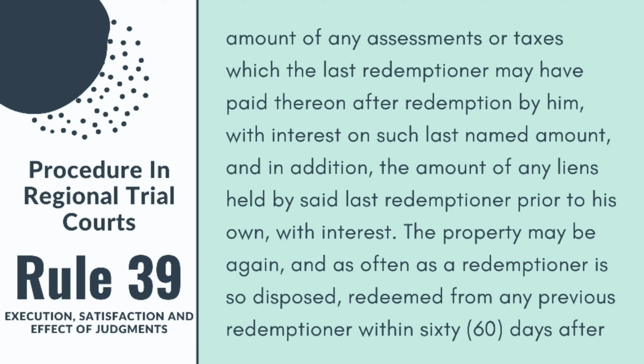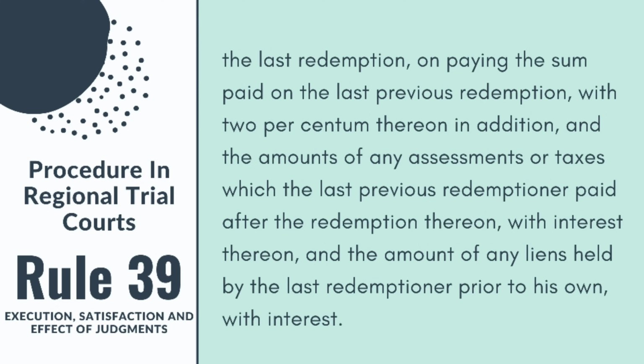The property may be again, and as often as a redemptioner is so disposed, redeemed from any previous redemptioner within 60 days after the last redemption. On paying the sum paid on the last previous redemption, with 2% thereon in addition, and the amounts of any assessments or taxes, which the last previous redemptioner paid after the redemption thereon, with interest thereon, and the amount of any liens held by the last redemptioner prior to his own, with interest.